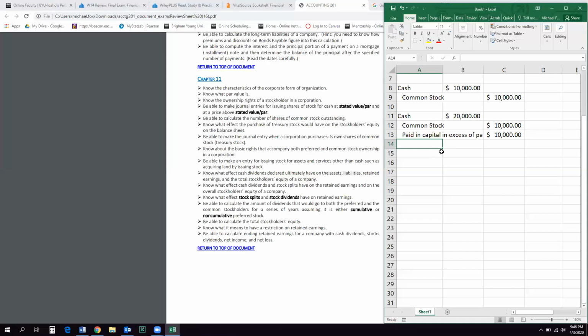Be able to make the journal entry when a corporation purchases its own shares of common stock into treasury stock. The journal entry is actually super easy because it goes at the cost.